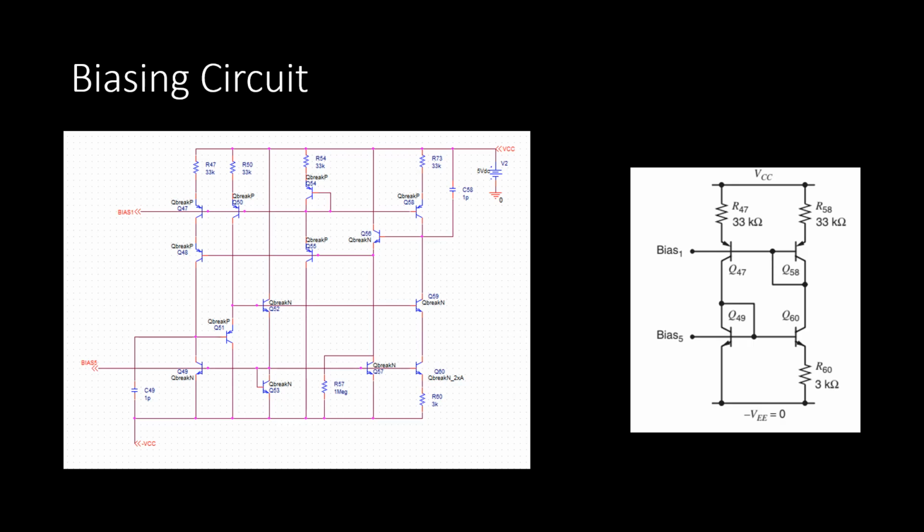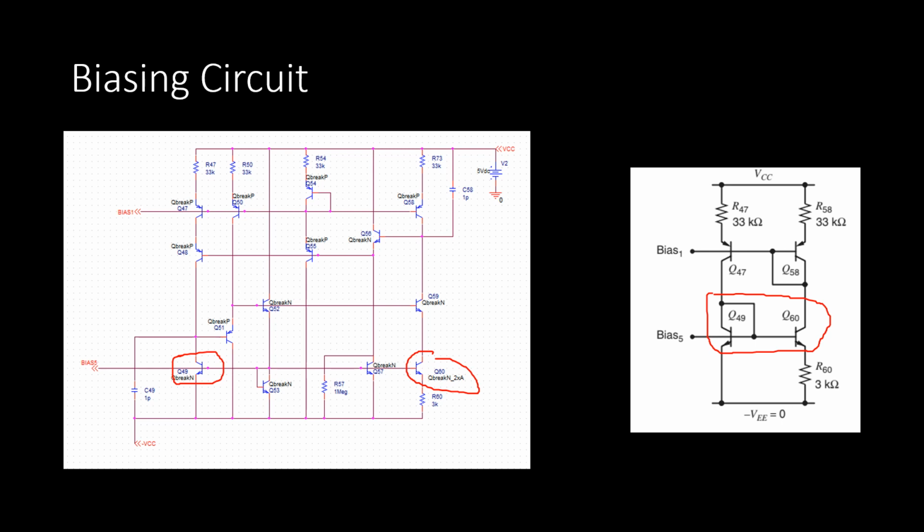First, I would like to take a look at the biasing circuit for the Op Amp. Q49 and Q60 here form what is known as a Widlar current mirror. This circuit on the right is a simplified version of the larger circuit.